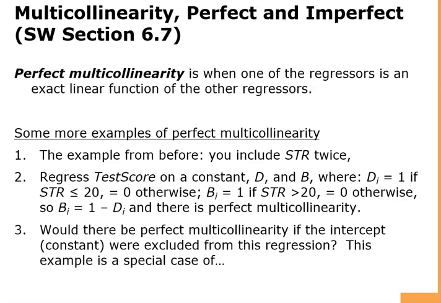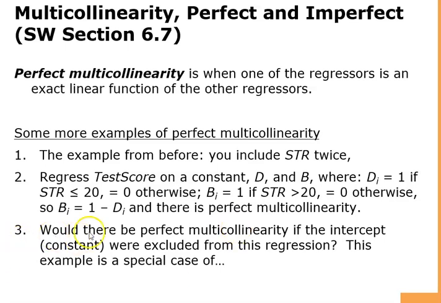So essentially we have two dummy variables. d will be equal to 1 if the student-teacher ratio is of a lower number, less than 20, and it will be 0 otherwise, and b will be equal to 1 if the student-teacher ratio is high, and it will be 0 otherwise. So in this scenario, b will be equal to 1 minus d.